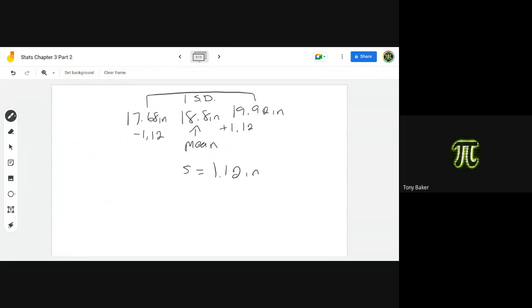If we go out a second standard deviation, which is what this question was asking, we add the 1.12 again, and we subtract the 1.12 again. If we add 1.12 again, we get 21.04.